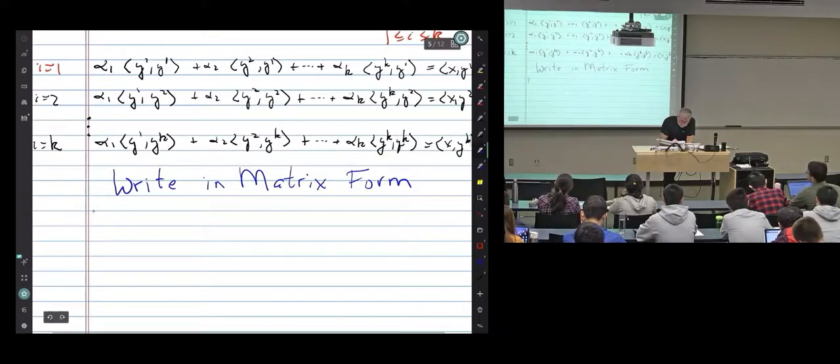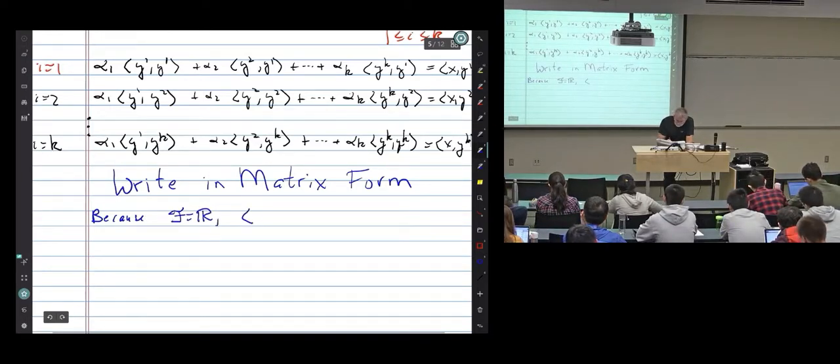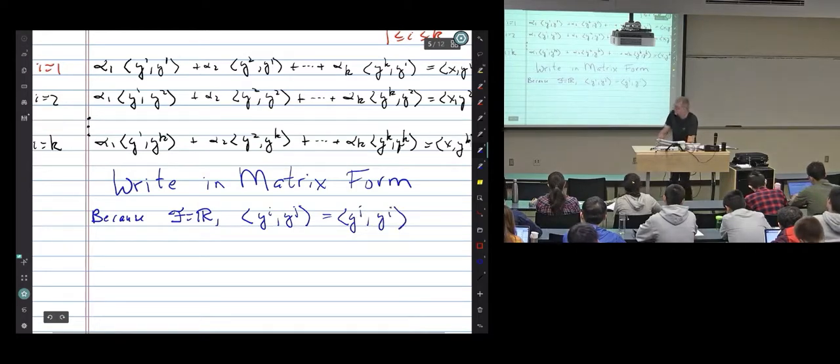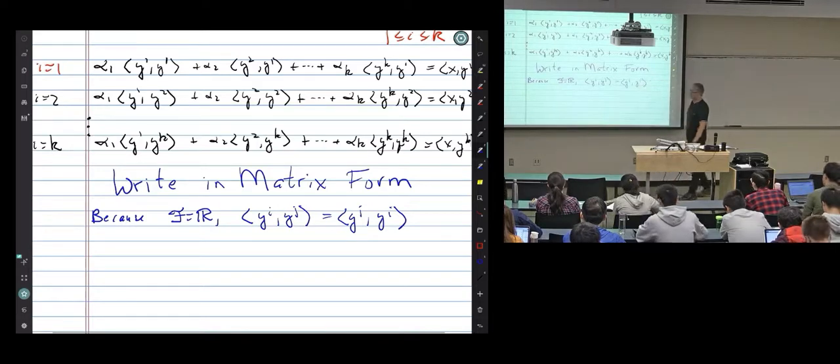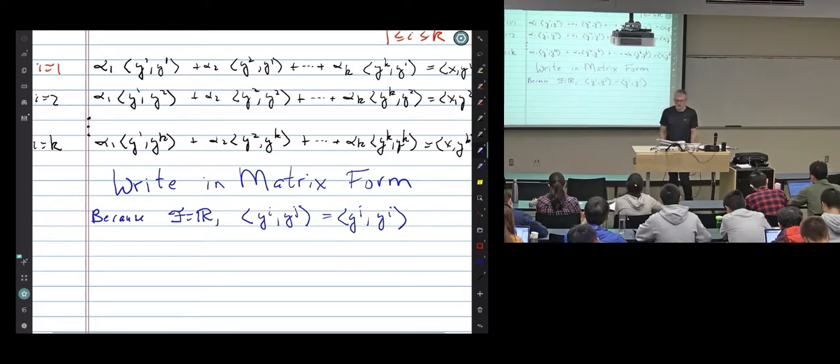Okay, so now, because we're doing the reals, if I take y_i and y_j and I flip the order, I don't have to care about doing a complex conjugate, okay? So that's the only reason we're doing the reals, just to keep ourselves sane when we're seeing this stuff for the first time.